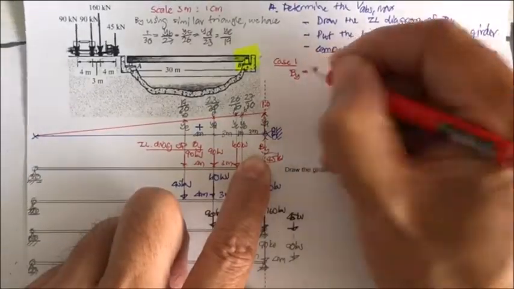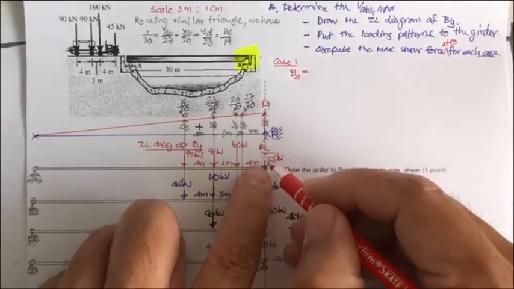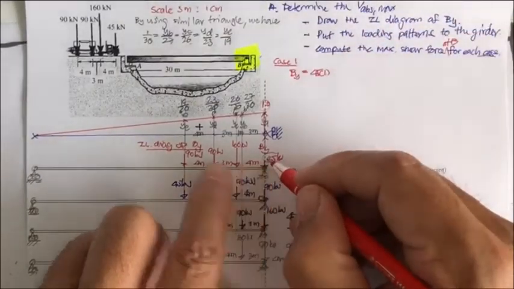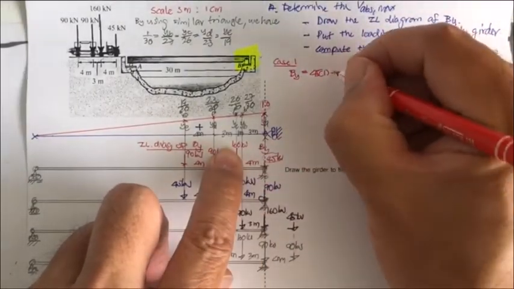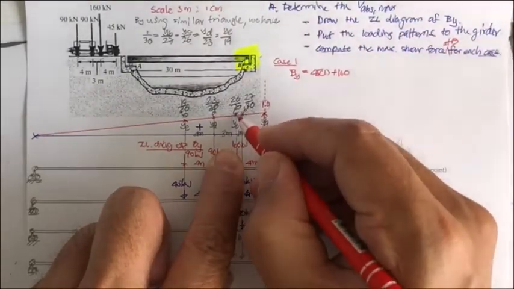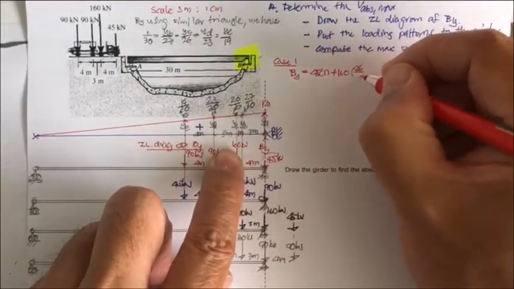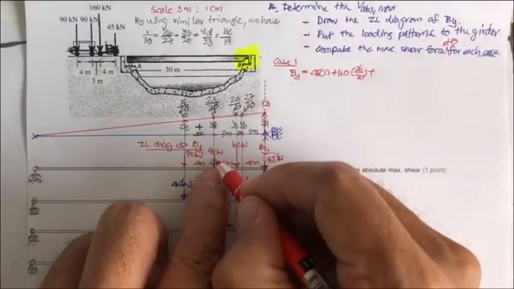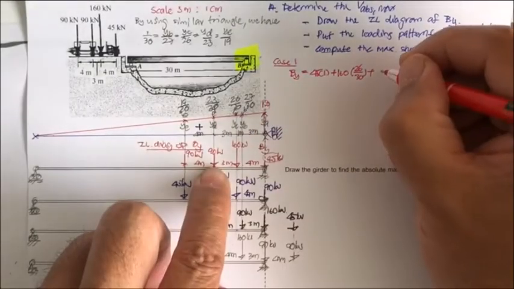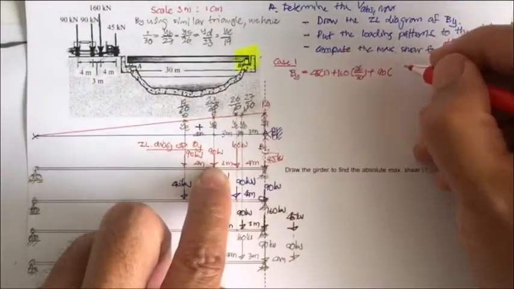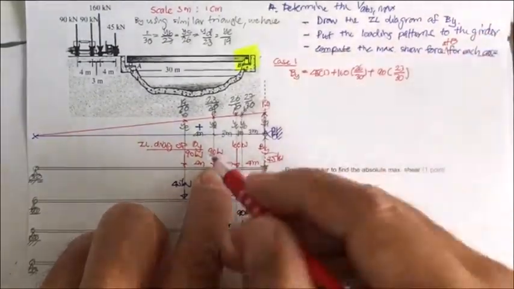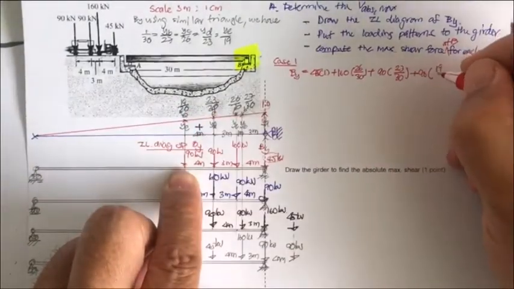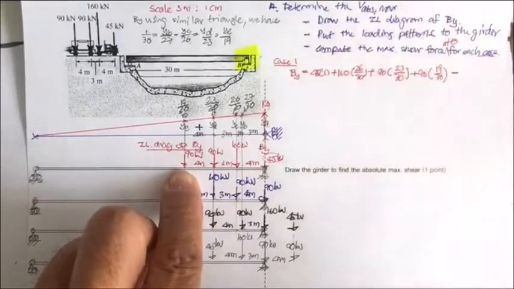So this B sub y is going to be 45 times 1, plus 160 times 26 over 30, plus 90 times 23 over 30, and the last one, plus 90 times 19 divided by 30. That is going to be case one.